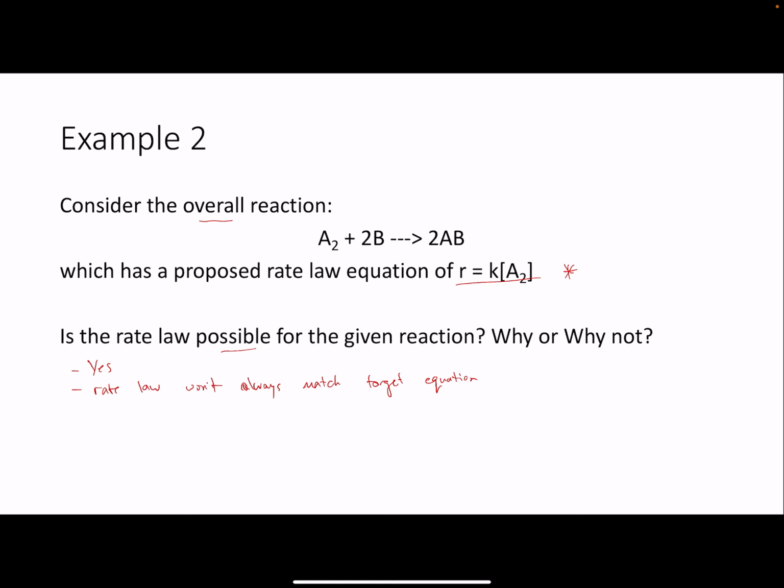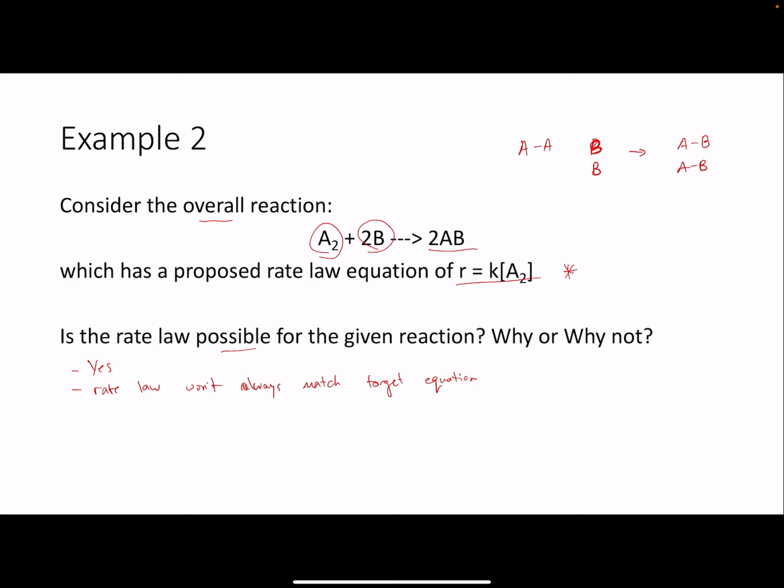So if we were to break this down, two A's, or an A2, a diatomic molecule, combines with two single B elements to form molecule AB. So for that to happen, really, what we have is this. Two A's bonded together, and then element B separately combining to form two ABs.